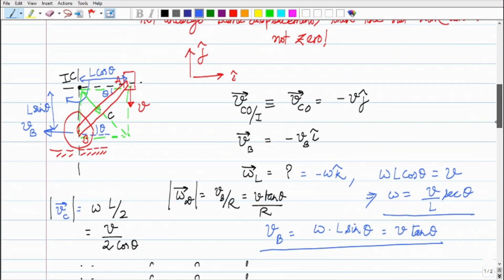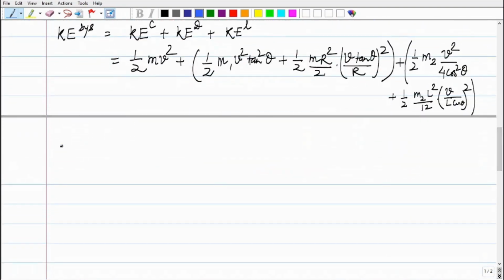So what is the potential V of the system? We have for the link, mass of the link, m2 into g into the distance of the center of the link from the reference line, which is L by 2 sine theta.